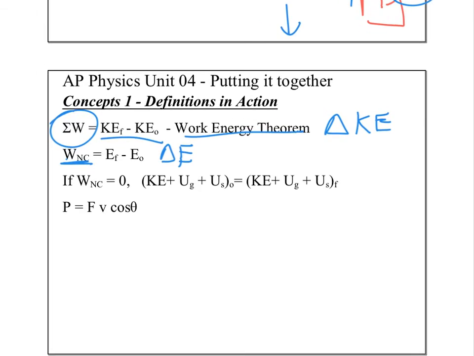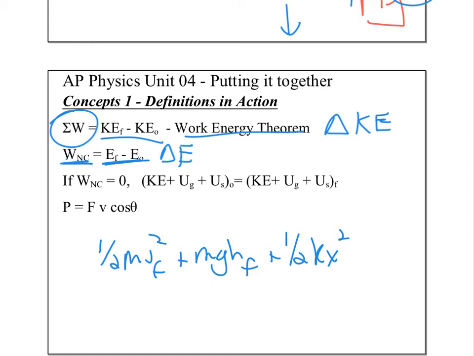So in this case, if we broke this equation all the way down to its most basic units, we would have the work done by a non-conservative force is 1/2 mv squared, and that is our final velocity, plus mgh final, plus 1/2 kx squared final, and all of those are together.